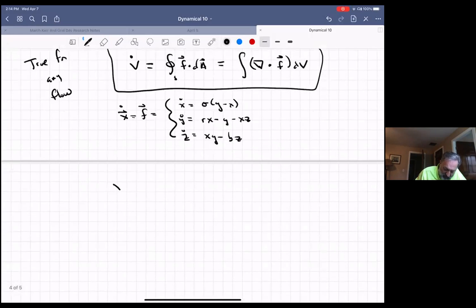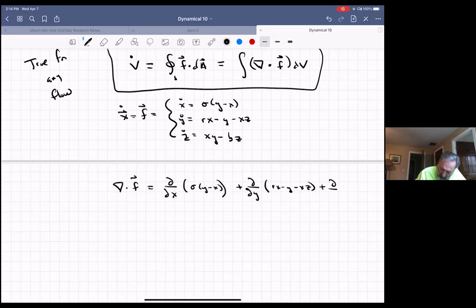So if I go to take the divergence of F, I would need to take d by dx of sigma times (y minus x), plus d by dy of rx minus y minus xz, plus d by dz of xy minus bz.